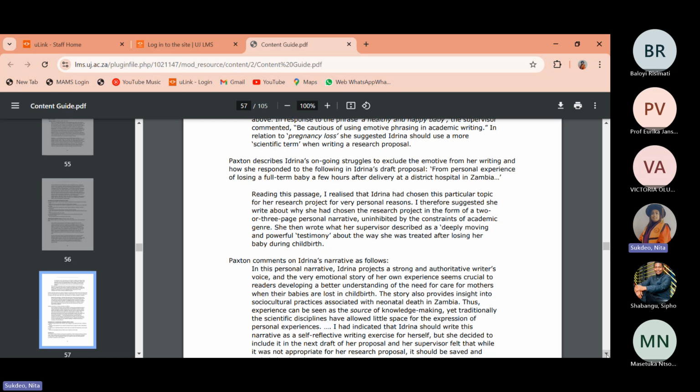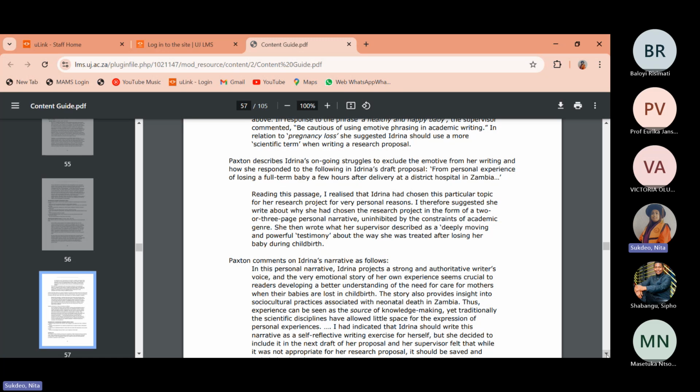I therefore suggested she write about why she had chosen the research project in the form of a 2 or 3 page personal narrative, uninhibited by the constraints of academic genre. She then wrote what her supervisor described as a deeply moving and powerful testimony about the way she was treated after losing her baby during childbirth.